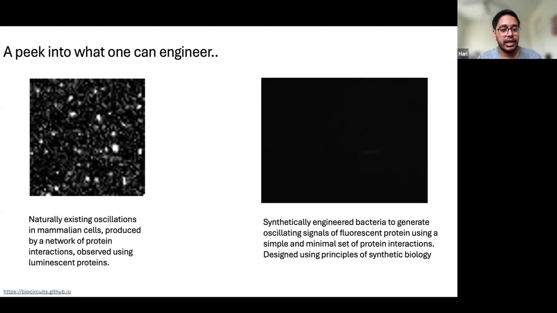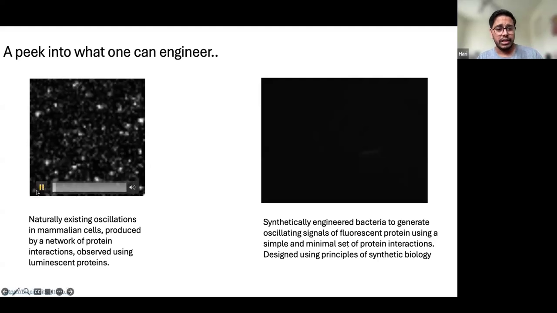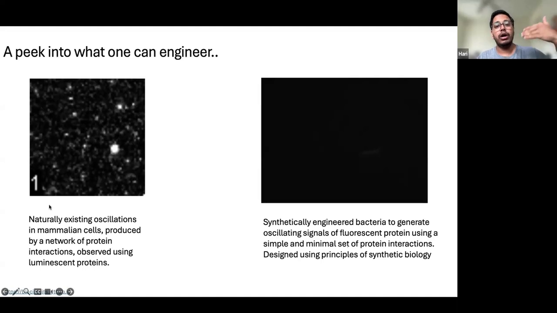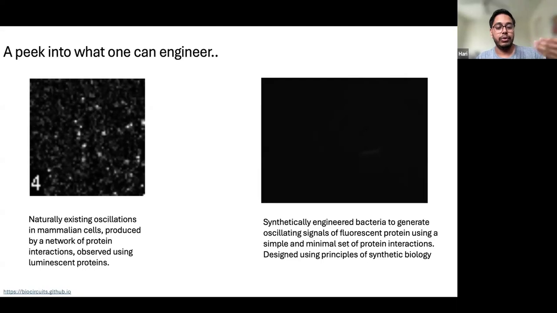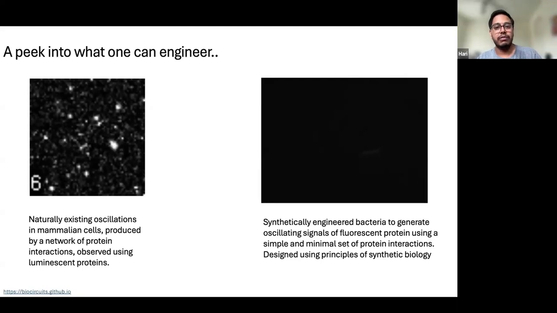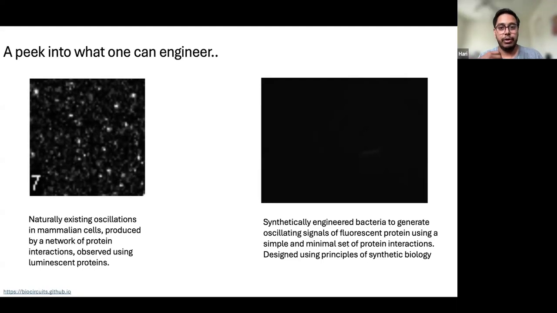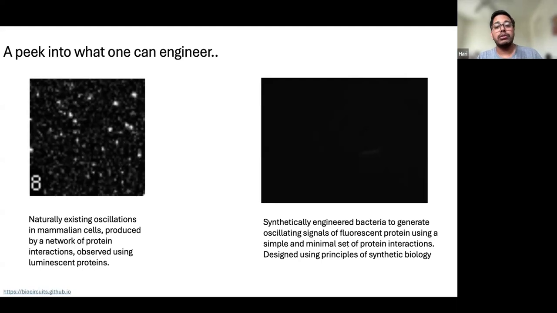And here is a movie that shows a certain protein being made in an oscillatory manner over a span of few days. And this was observed by using proteins that produce luminescence. Now, this mechanism is not found in a bacteria, let's say E. coli.